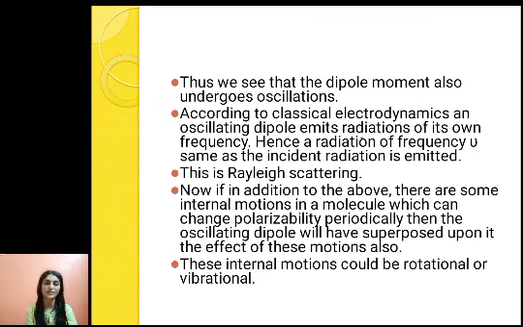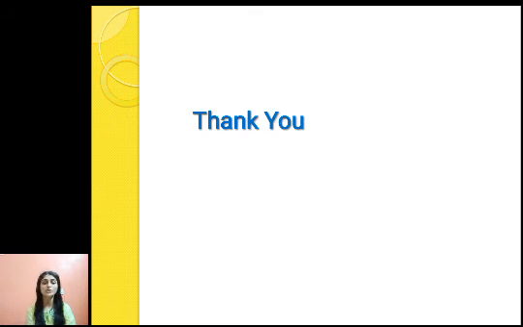These internal motions also have a role to play in the polarizability of the molecule. So what is the effect of rotation on the polarizability? What is the effect of vibrational motion on the polarizability? In a way, what is the effect of internal motions on the polarizability of the molecule?